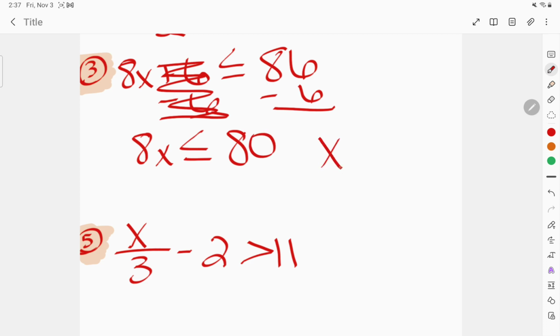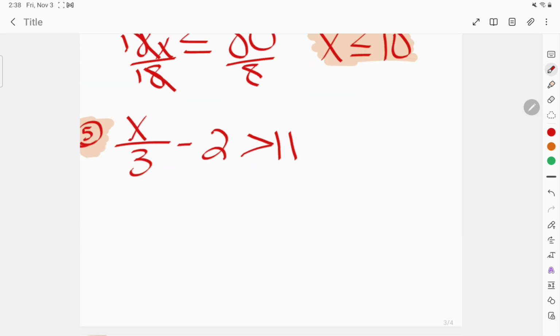And then what do we do next? All right, so x is less than or equal to 10. Why is that? It is because I divided both sides by 8. On the left side, it cancels, leaving me with 1.